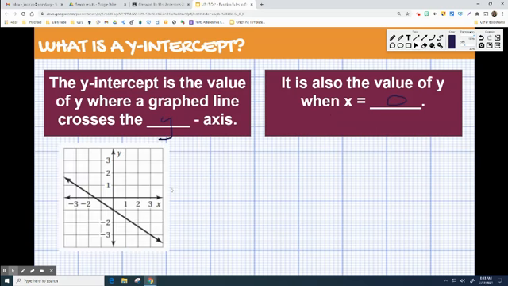Let's look at a couple of pictures. You can see in this picture my line is falling. Remember, we read lines left to right. So we start here, and we see that this line is falling, and we see our y-intercept right here, the location where my line intersects the y-axis, and then it goes off into quadrant 4.